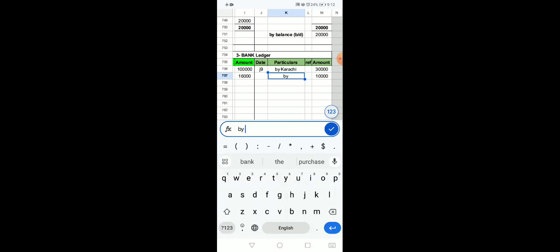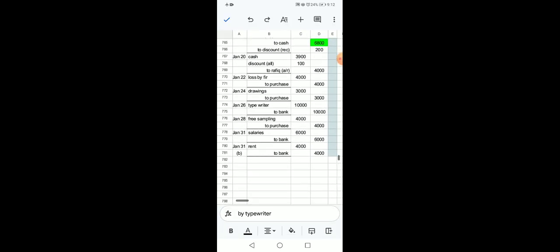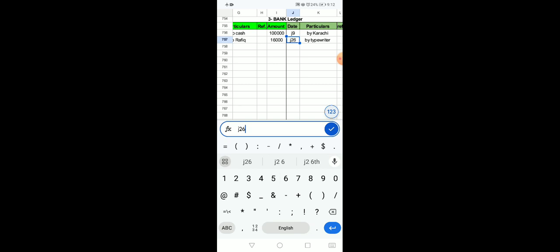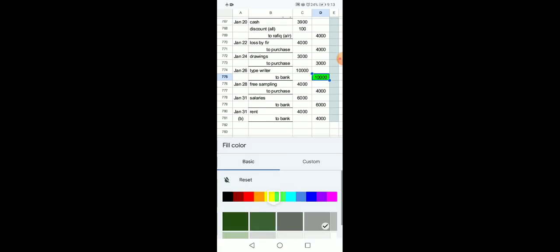Typewriter. So you will use typewriter with an additional word of buy on particular column. See what was the date of 10,000. It was January 26. So put January 26 in date column. Hence 10,000 entry has been posted to its relevant ledger, mean in the bank it is completed.